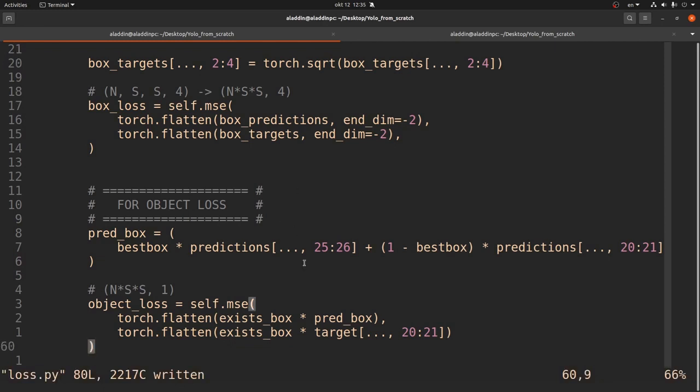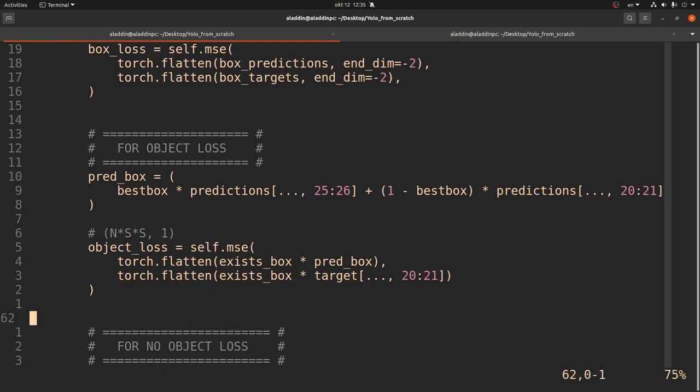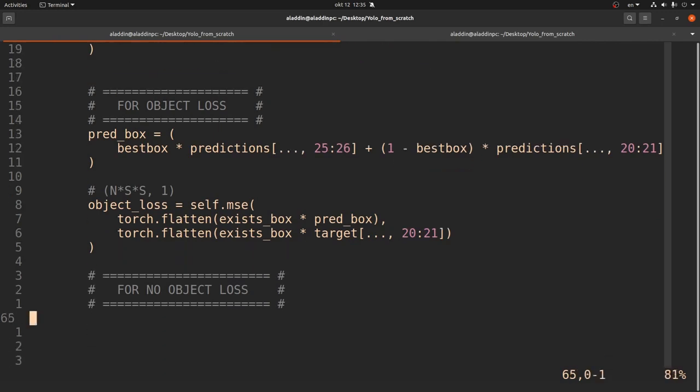So that's the object loss. And so, we're first checking which one of those two bounding box predictions is responsible. And then we're checking if there actually exists a box. So this is for the identity part of the loss. So that's for if there is an object. In the case where there is no object, my interpretation here is that we're going to take the loss for both.